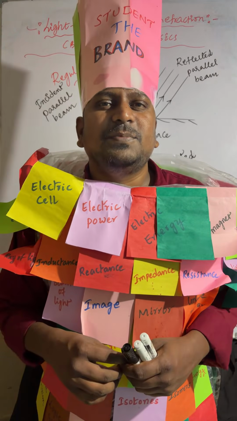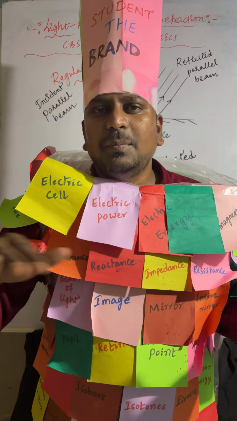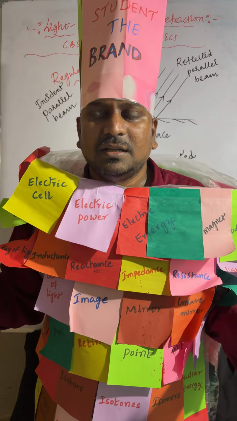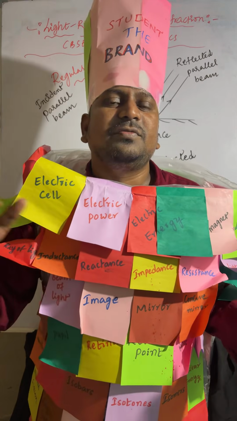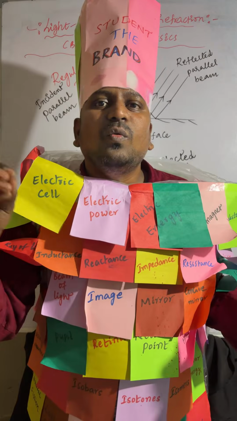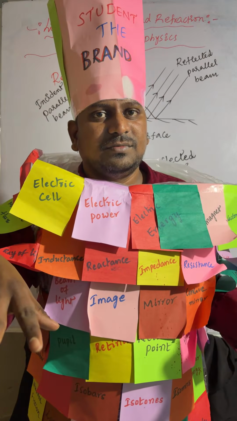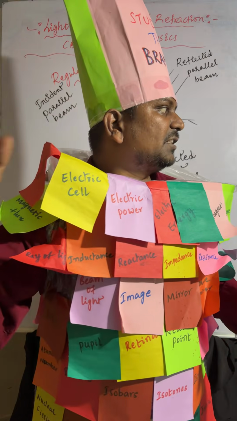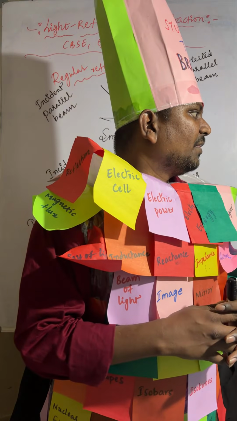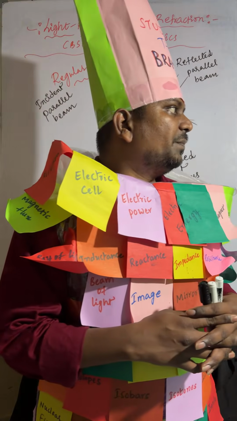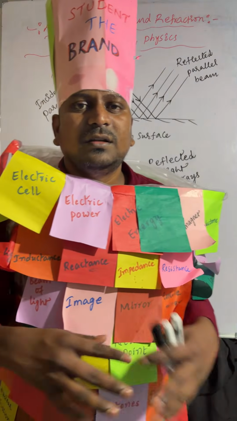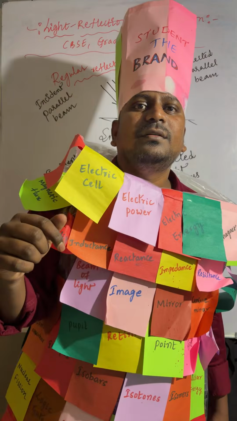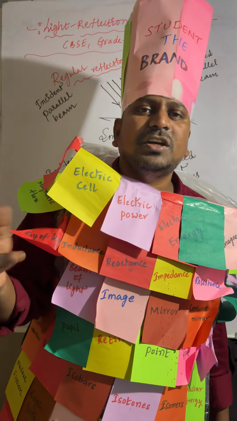Regular reflection takes place on a highly polished smooth surface and on the still water surface of a lake. If water is not moving, it is a still surface, then regular reflection takes place. I hope it is very clear. Understood or not? So this is about regular reflection and irregular reflection.